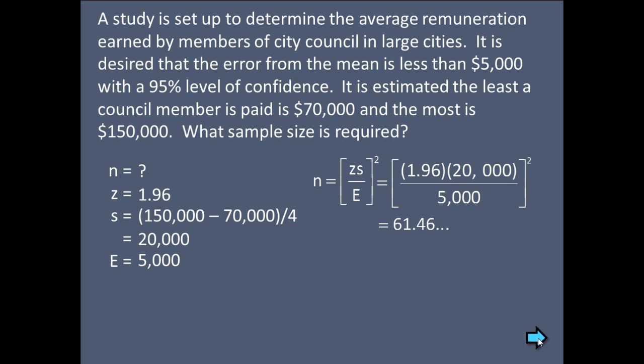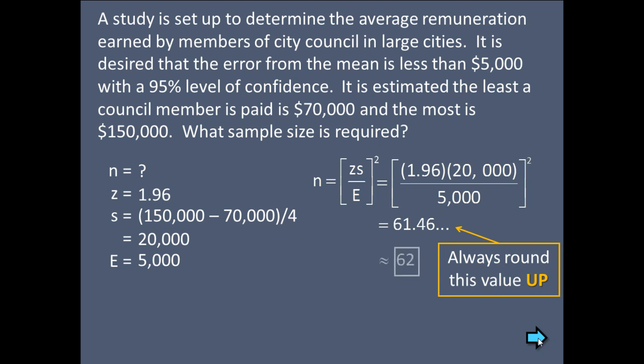So the only thing we can do here is either sample 61 items or 62 items. If we sample 61 items, the formula is telling us that we're not sampling quite enough. So we always want to make sure we err on the high side. Anytime we're solving for sample size, no matter what the decimal is, we will always round up to the next integer. So we'll say here that we should take a sample of 62 city council members.